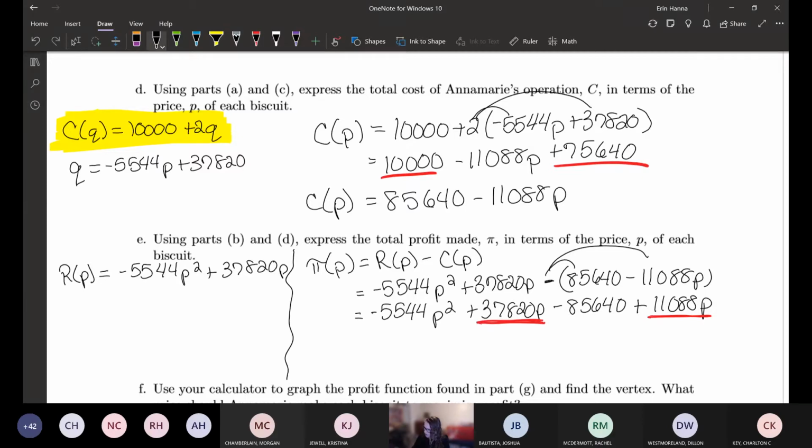The other two will have to stay separate. Negative 5544 P squared plus 48,908 P minus 85,640. So this is our profit equation.